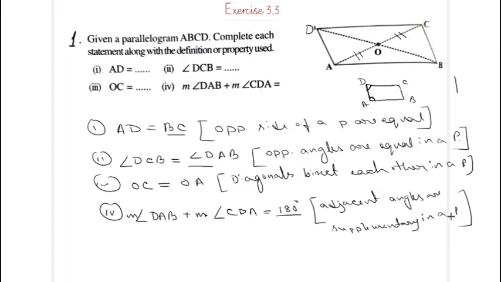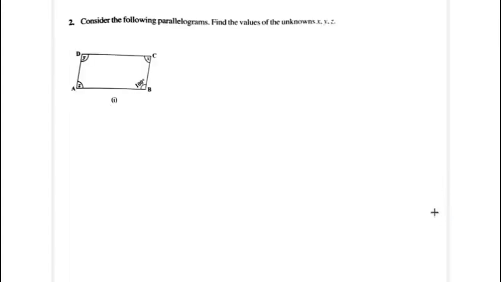Now come to question number 2. Consider the following parallelograms. Find the values of the unknowns x, y, z. So here we have to find the values of x, y, z by using those properties of parallelogram. Number 1, angle B is given as 100 and angle C is x. And these 2 angles are adjacent angles, so they are supplementary.